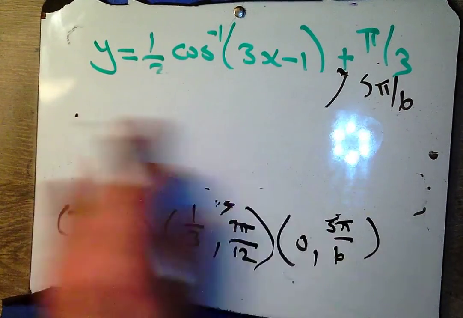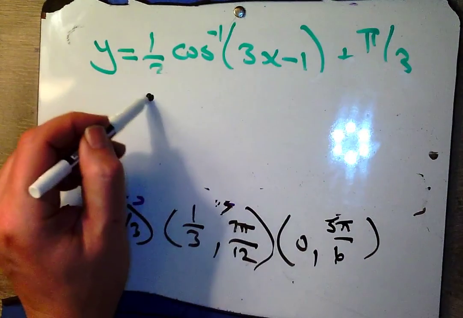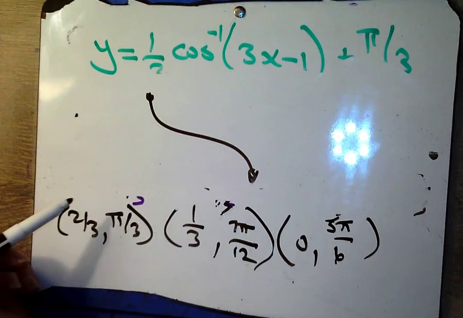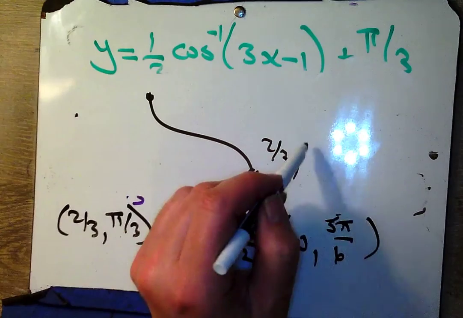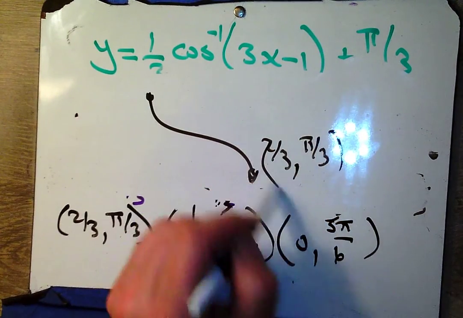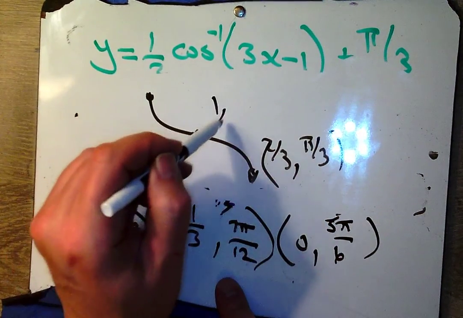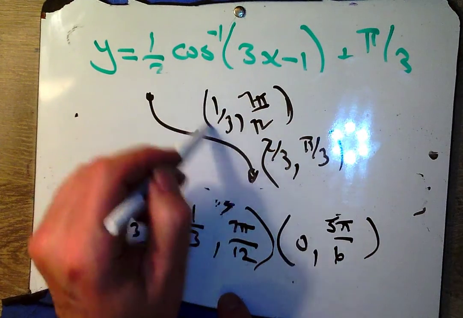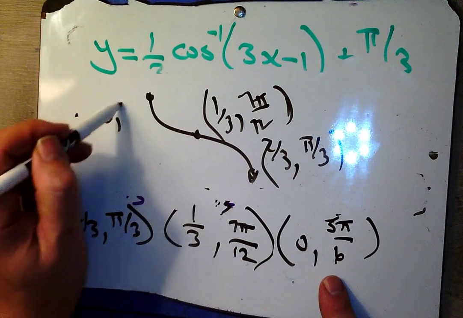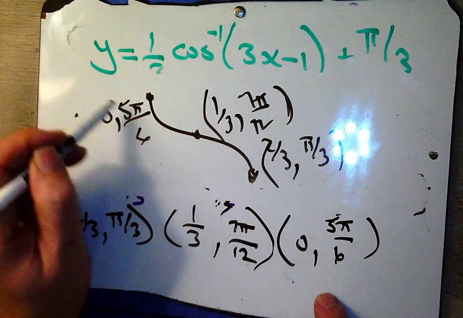Positive cosine, positive inverse cosine. It's like that. So 2/3, pi over 3. 1/3, 7 pi over 12. 0, 5 pi over 6.